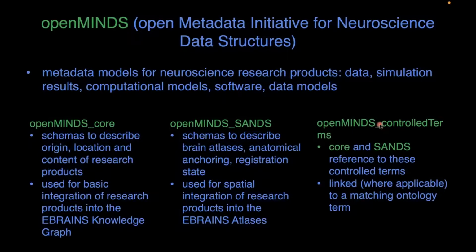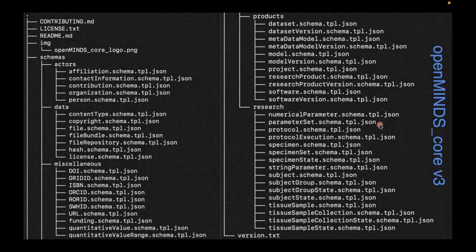The knowledge graph is organized according to the structure given by such a schema. And we have different types of schemas in Open Minds, like Open Minds Core to describe the origin, location, and content of research products, or SANDS, which are schemas to describe atlases or anatomical anchoring.